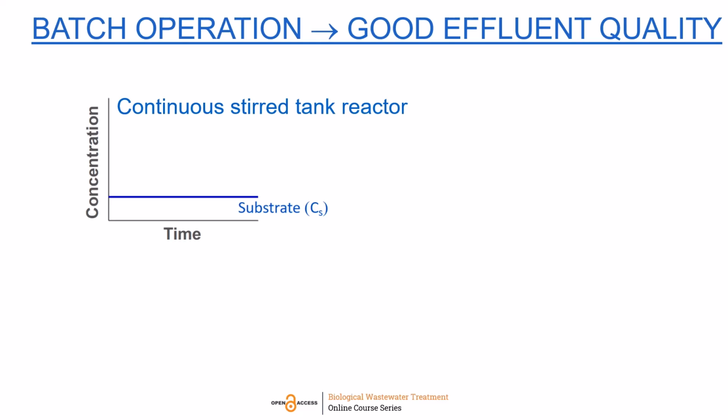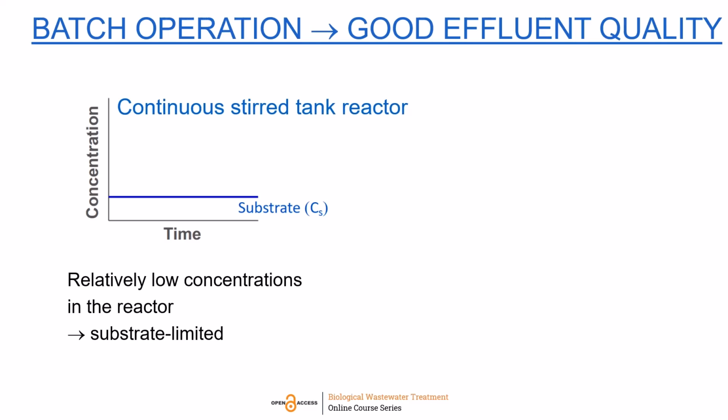In a continuous stirred tank reactor, the concentrations in the reactor are equal to the effluent concentrations, which are typically required to be relatively low. Operating the reactor at such low concentrations may lead to substrate limitation and thus to low bioconversion rates.